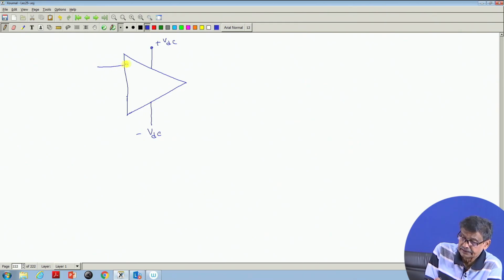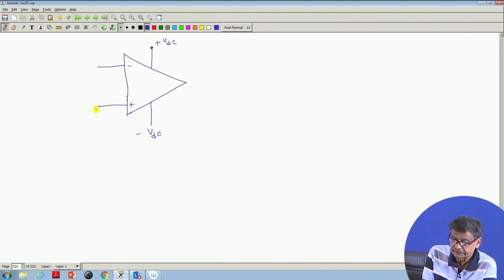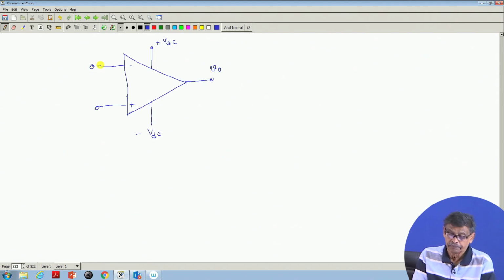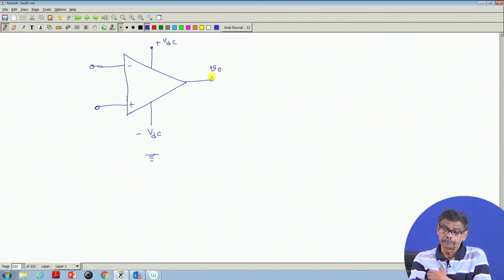Here it is the minus inverting terminal and the plus terminal, these are the two points, and here is your output pin 6, which also is not written while drawing the circuit. This is the output voltage, we call it. Got the point? The ground point exists at the center of the battery, with respect to which I measured this voltage, this voltage, and this voltage.